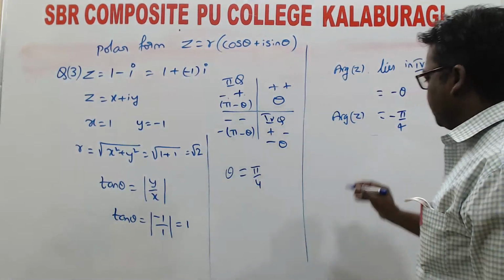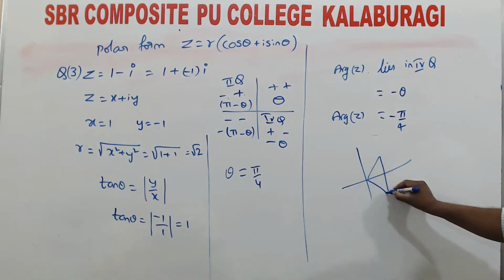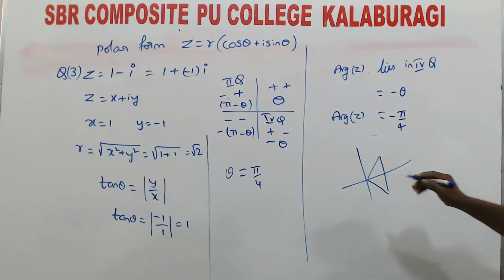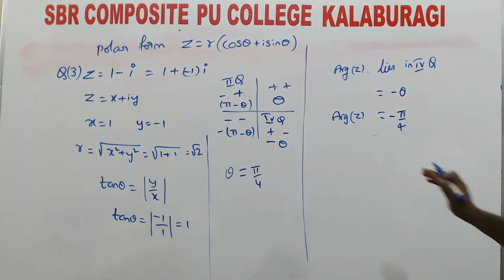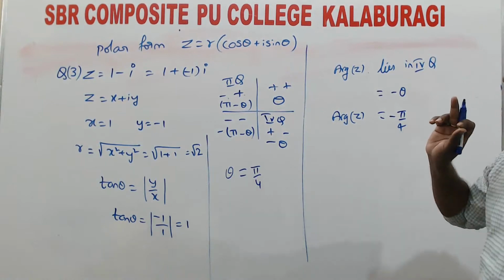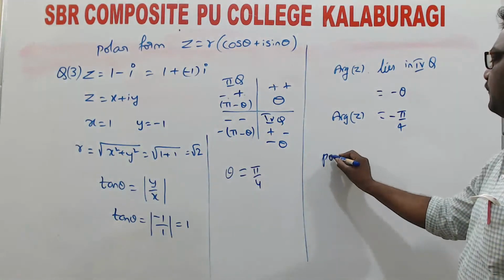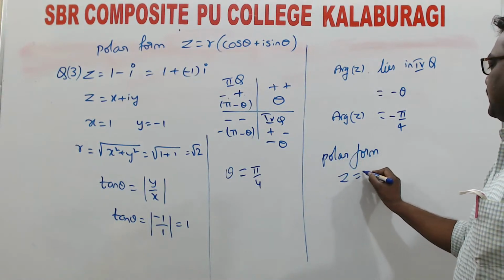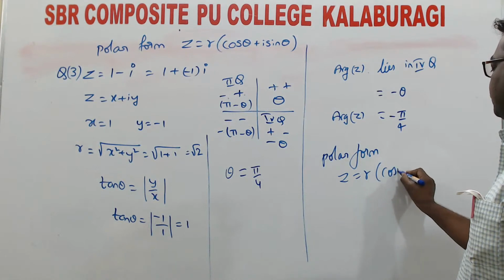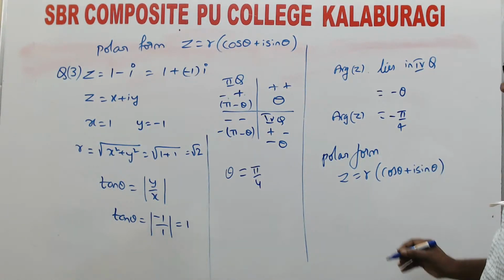Or otherwise, simply, here theta we are taking. This is conjugate, so we can take minus theta. That is why we are getting minus theta. Therefore, the argument of z is minus pi by 4 and r is root 2. Now, polar form: z equals r of (cos theta plus i sin theta).